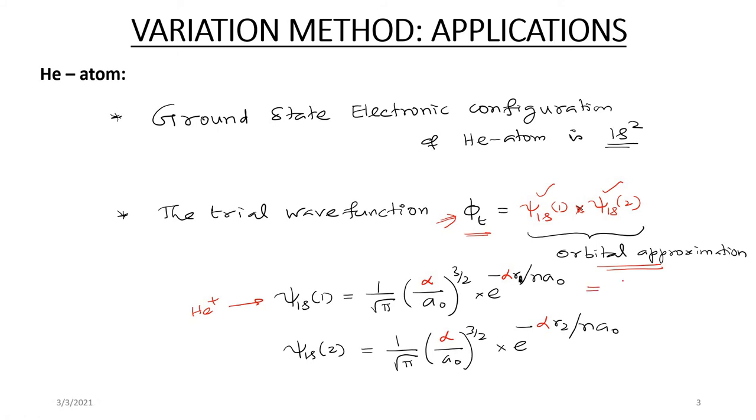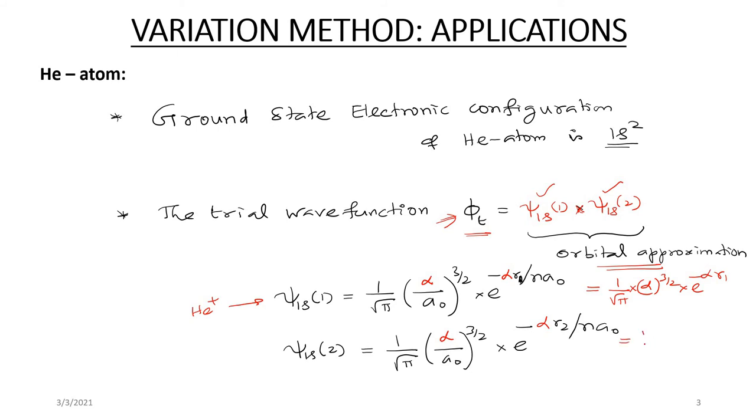So in atomic units we can write this as 1 by root pi, alpha power 3 by 2, because a naught value is 1, into e power minus alpha r1. This is the hydrogenic wave function for electron 1.